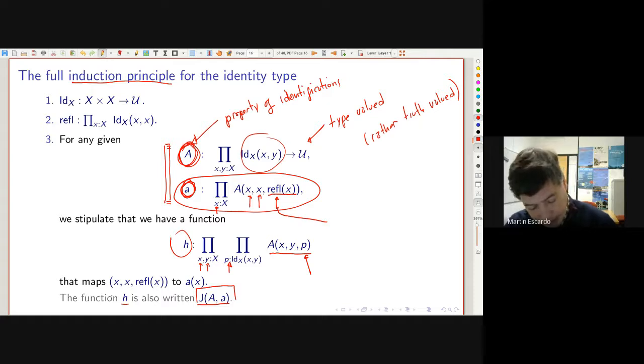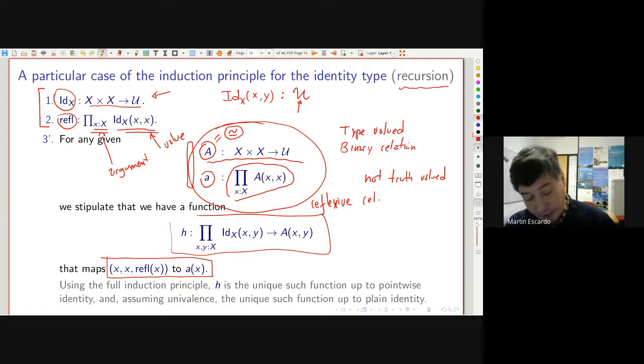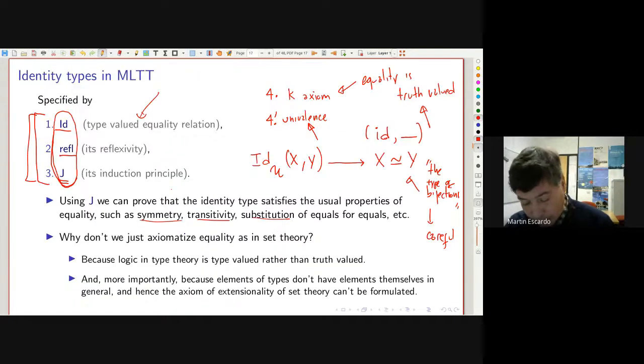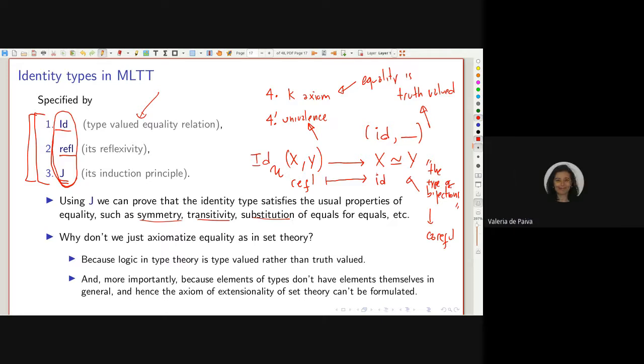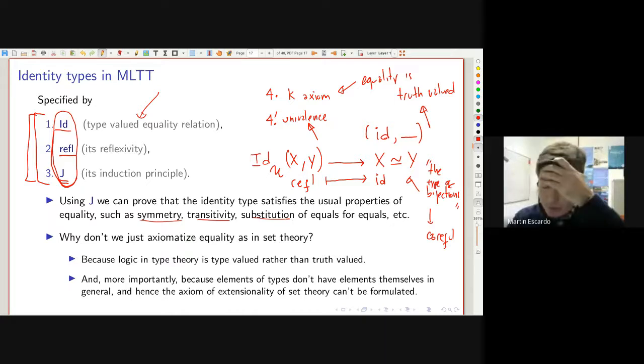Now it says that there is a unique function that maps the reflexive identification, and now for A we take the type of bijections, and here we take the identity bijection. So there is a function that maps the reflexive identification to the identity bijection. Does it make a little bit of sense? Yes, it does. So that comes from the definition of the identity type.